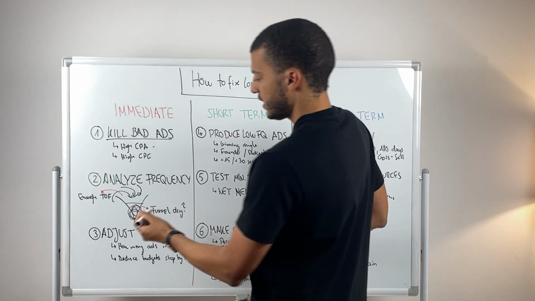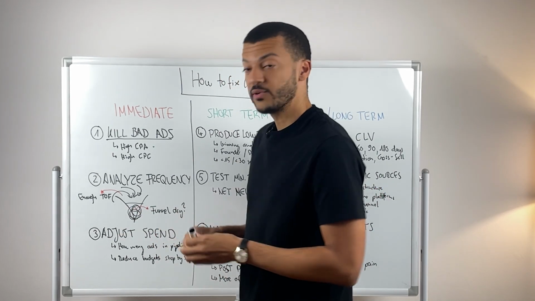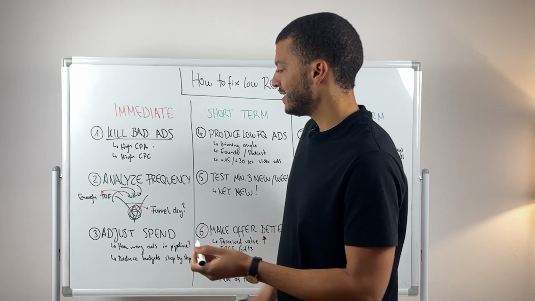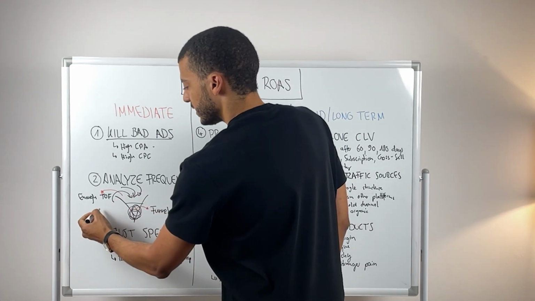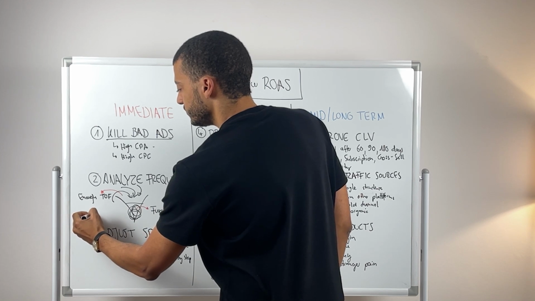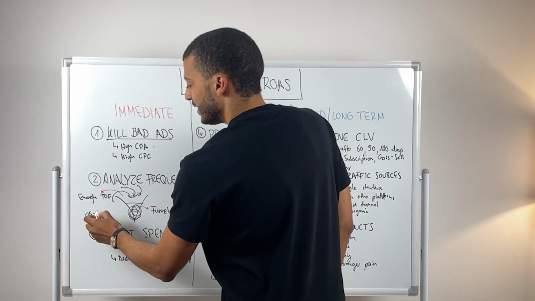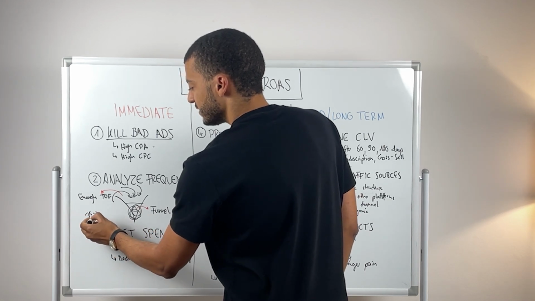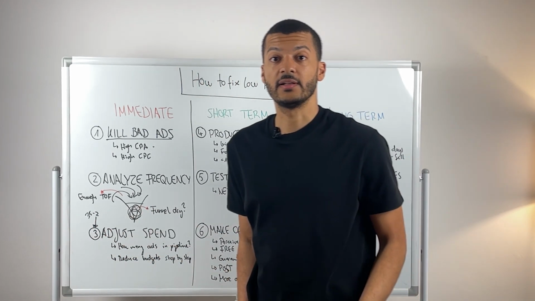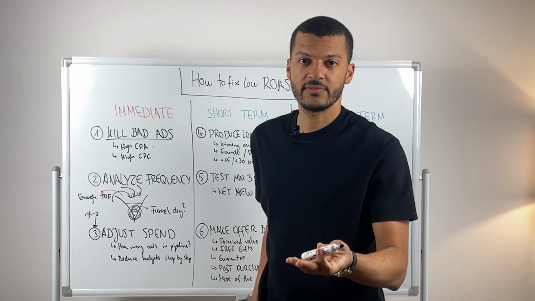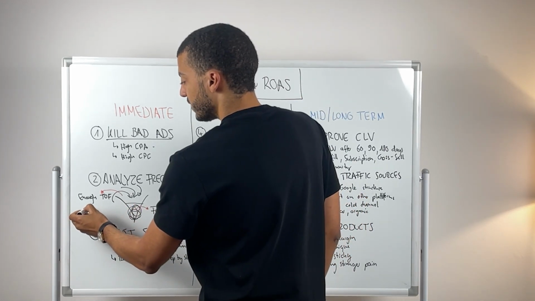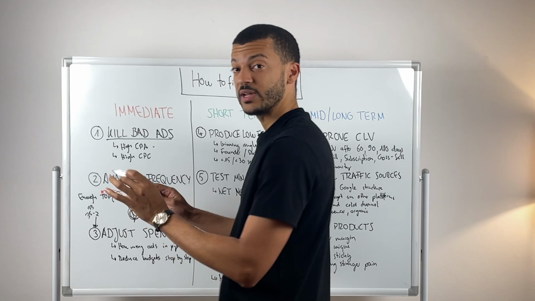So I check what the frequency is of the ads that are spending the most money. And if I see that the frequency is way above 1.5 to 2, this is basically a mid funnel or lower funnel ad. 1.5 is actually already pretty high.